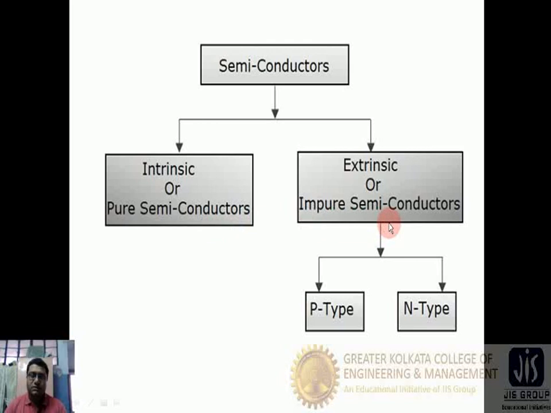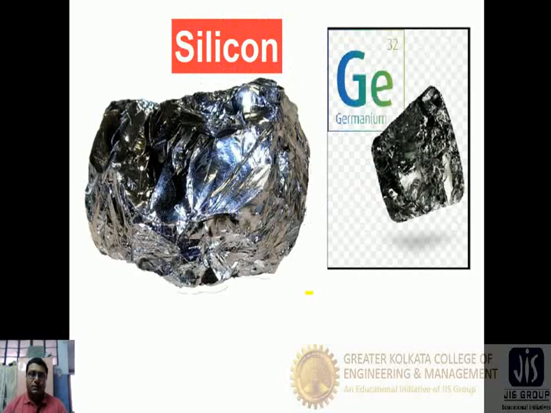That means some doping has to be done in the pure semiconductor. So we first have to build the intrinsic semiconductor, and after that we can build the extrinsic semiconductor. Silicon and germanium are the two pure semiconductors used in the semiconductor industry.